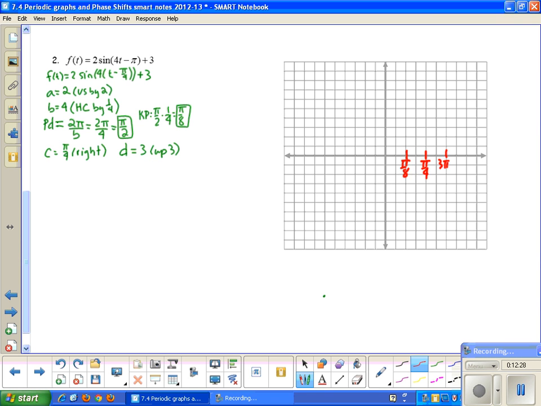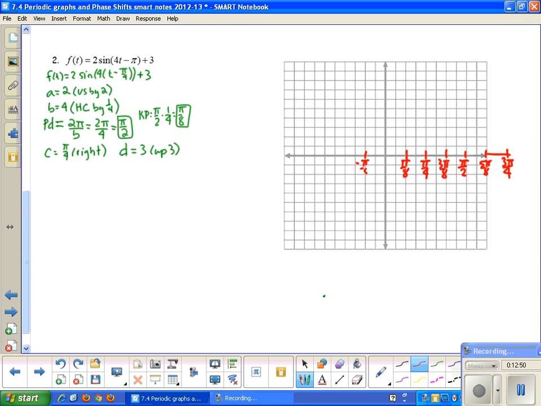Then we have 3 pi over 8. And then we have 4 pi over 8, which is pi over 2. Then we have 5 pi over 8. And then the next one over here would be 6 pi over 8, which would be 3 pi over 4. And of course I could go backwards too.